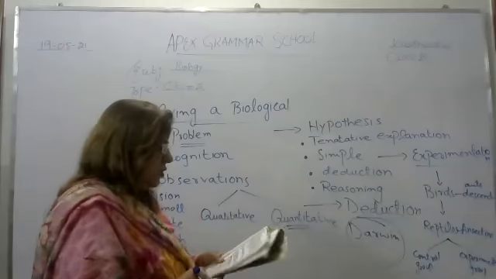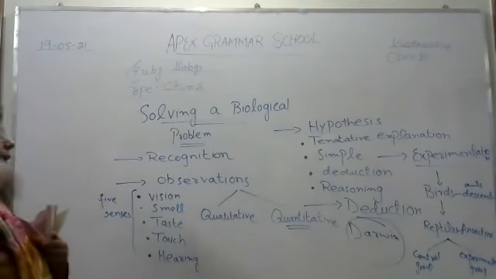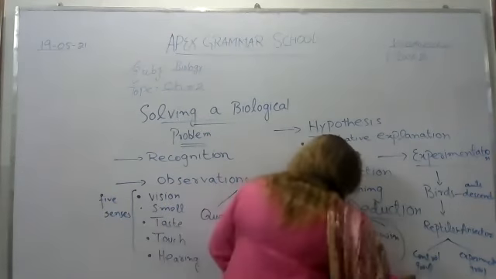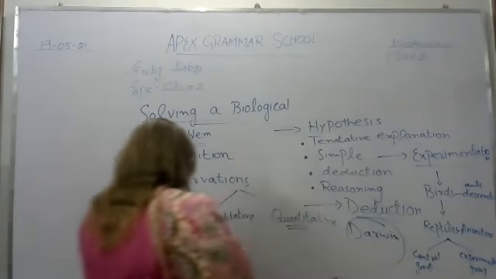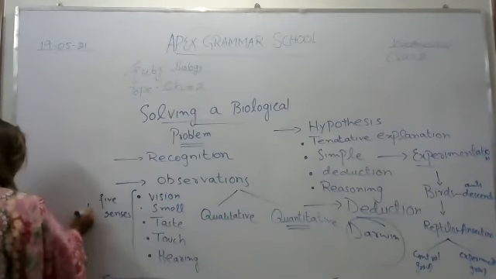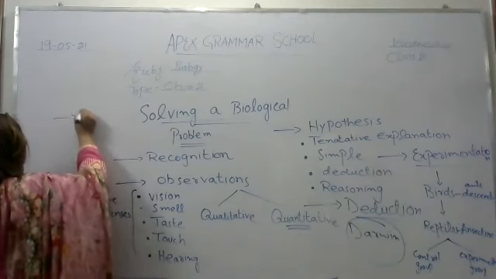After experimentation, definitely scientists need to explain their data, the data which they collect. So the next step is called summarization.